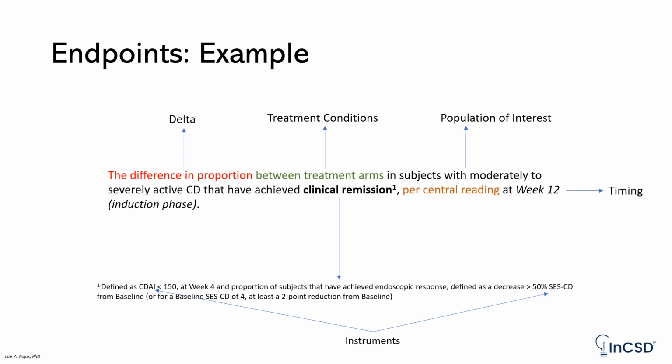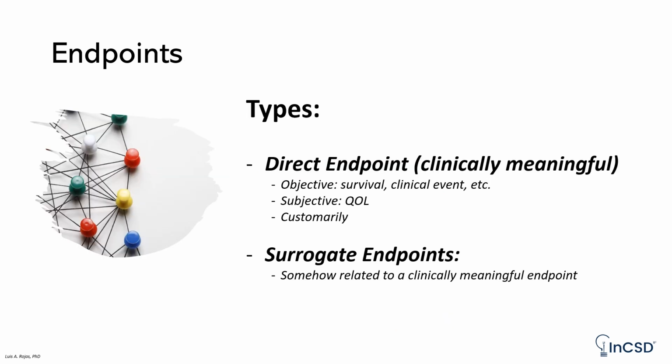And then, very important, at week 12 in the induction phase, this is the timing. In summary, a very well-written endpoint refers to delta, the treatment effect, which is going to be computed and estimated using a particular population-level summary, a point that I will explain also later.